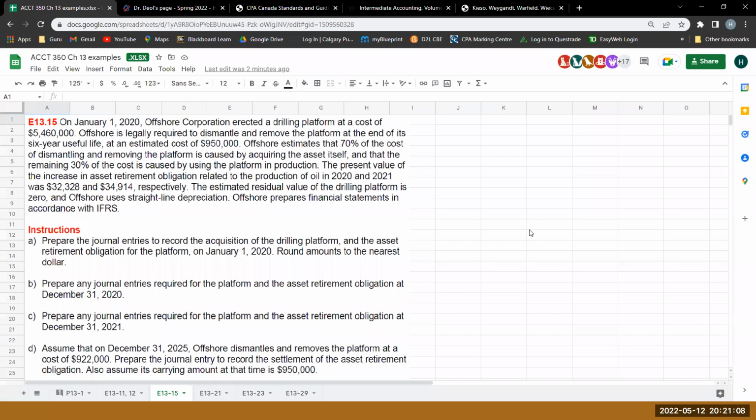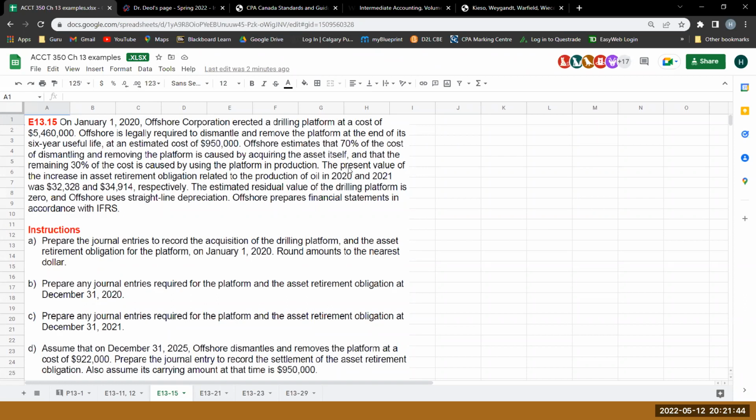Any changes in it are added to the asset, whereas any changes in the obligation that result from the operation, maybe you're taking out more crude oil than normal and so on, well, then that should be added to the inventory. The crude oil for this company will be inventory, so that gets added to the inventory.